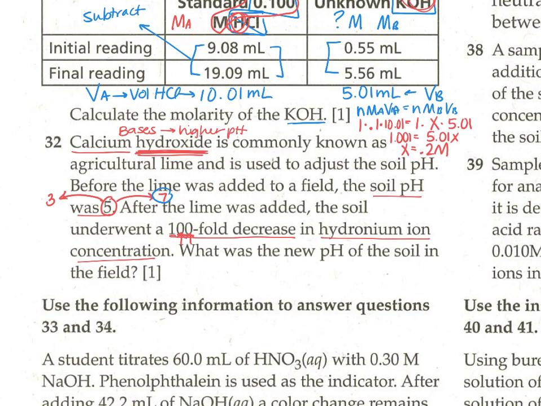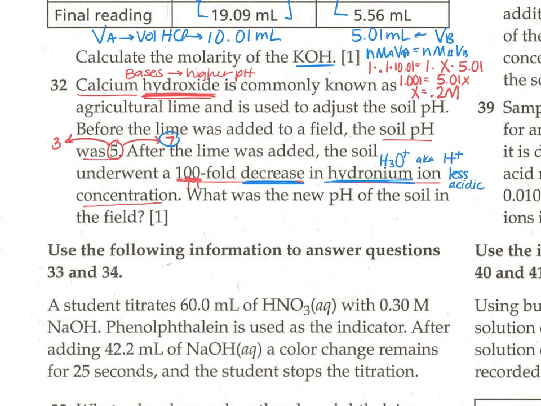The other thing is, if we're decreasing the hydrogen or hydronium ion concentration, because hydronium is also known as a hydrogen ion, so if I'm decreasing the amount of hydrogens I have, I'm becoming less acidic. And if I'm becoming less acidic, my pH has to go up as well. So that would tell me that it has to be 7.